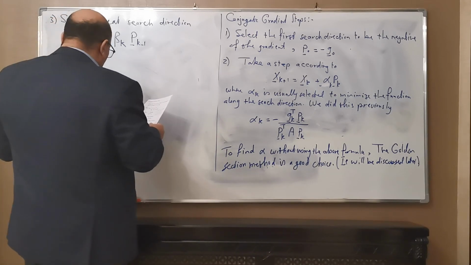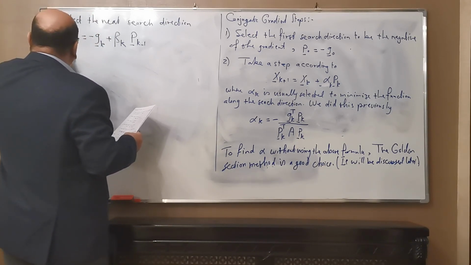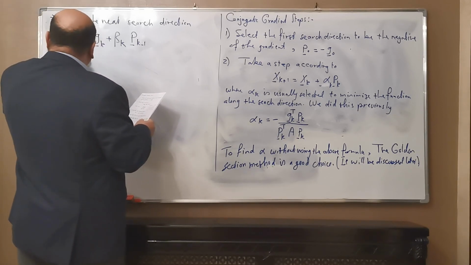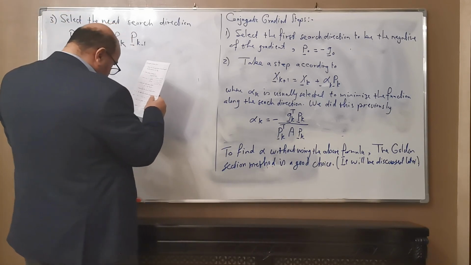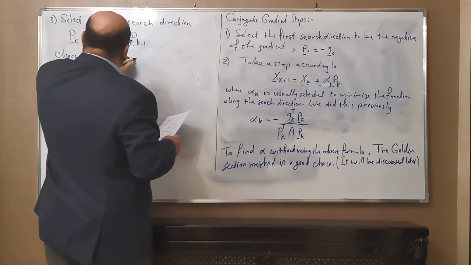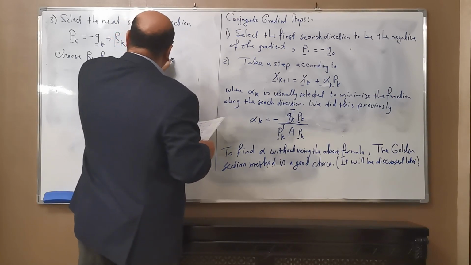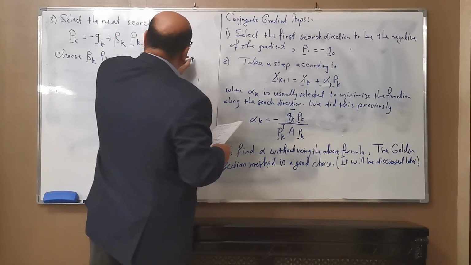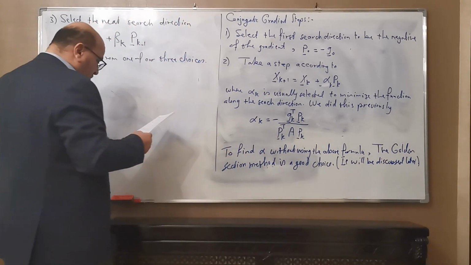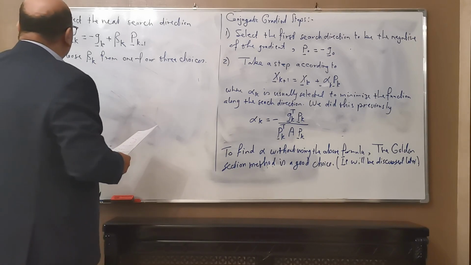And we can choose beta k from one of the 3 choices. So we have 3 choices for beta. We can pick one and see what will happen.